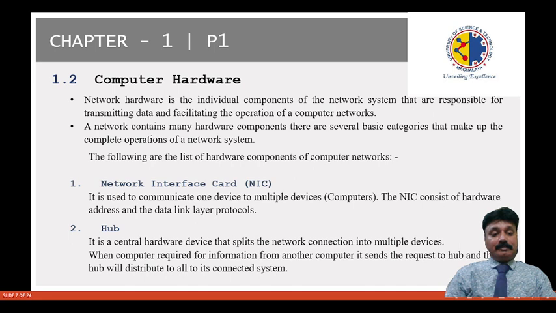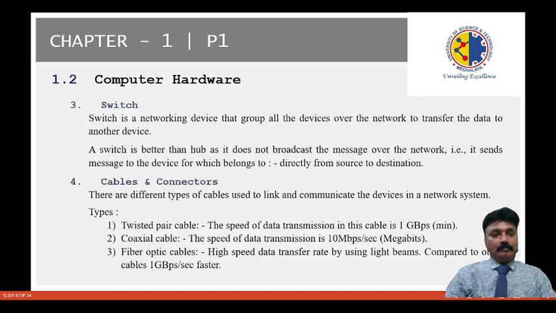So that is a point which we can say the hub is a central device. It can broadcast the information, not only to a specific device but to all its connected devices. So this is the basic central hardware connector. This was the initial device. So after that only the switch came to the market.